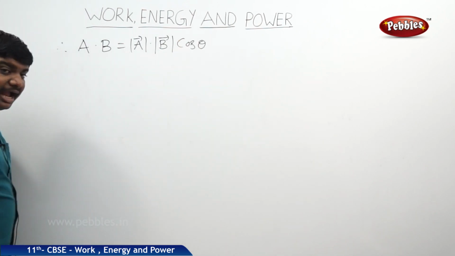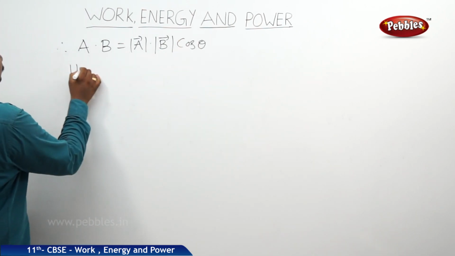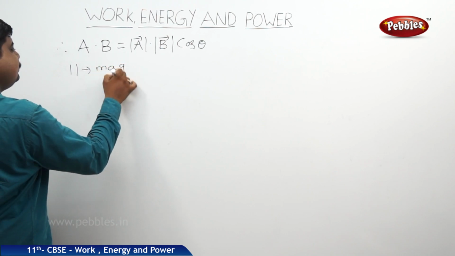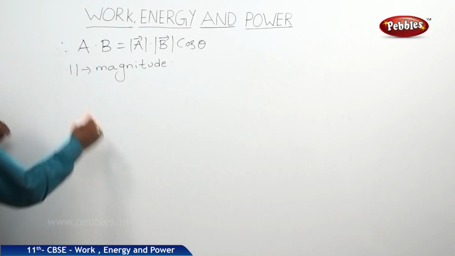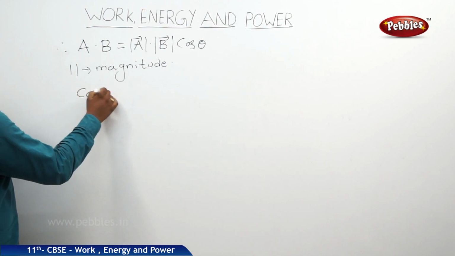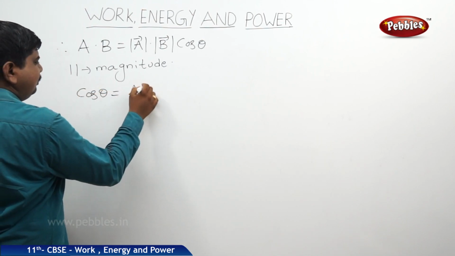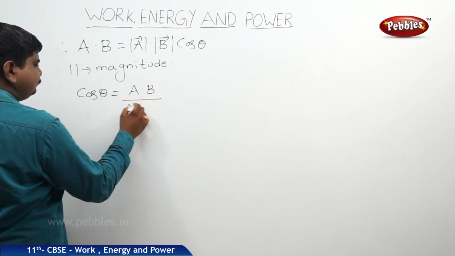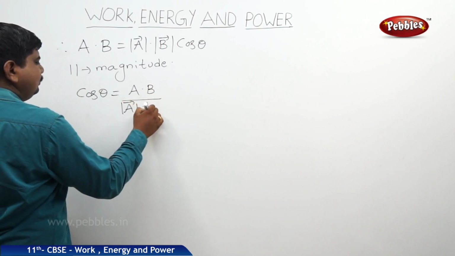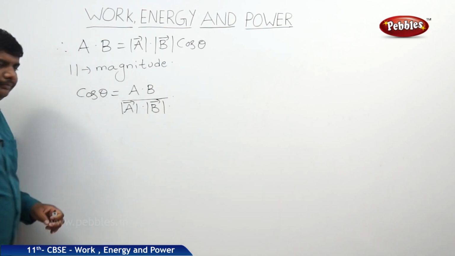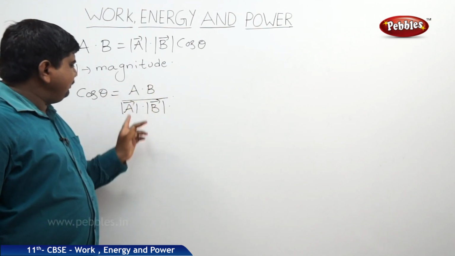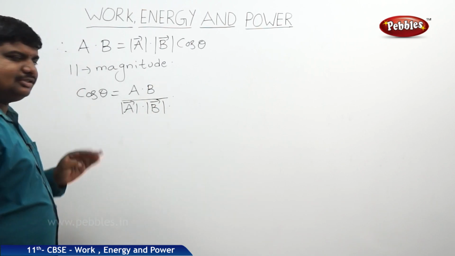Modulus is nothing but the magnitude. So cos theta is equal to A dot B by mod A mod B.